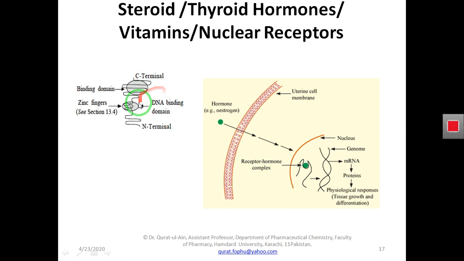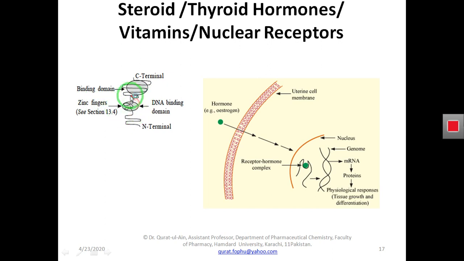These receptors are composed of a C terminal and an N terminal, and the specificity of these receptors is that they have a zinc finger domain, or DNA binding domain.